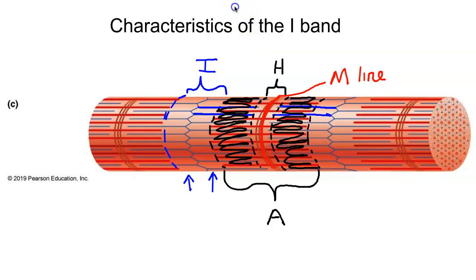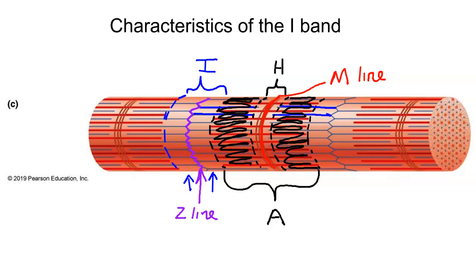Right in the middle of the I band is the actual boundary from one sarcomere to the next. This zigzag line is the boundary from one sarcomere to the next, but it's also the protein that's anchoring our thin filaments in place. We can sometimes see that using a light microscope. That's called the Z-line, and the Z-line is the border from one sarcomere to the next.